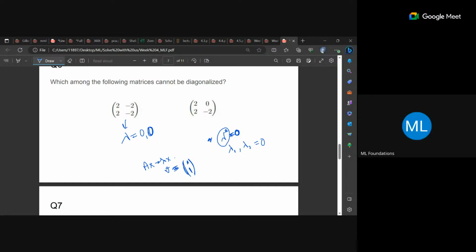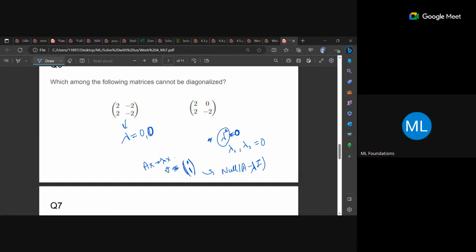Basically, in general, what you can look at is the null space of A minus lambda I, right? This null space of A minus lambda I will give you the geometric multiplicity. In this case, if the eigenvector is just 1, 1, then the null space is just the span of this vector 1, 1, and its dimension is just 1, right?